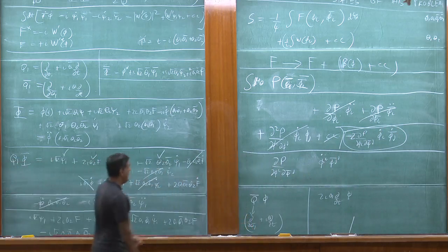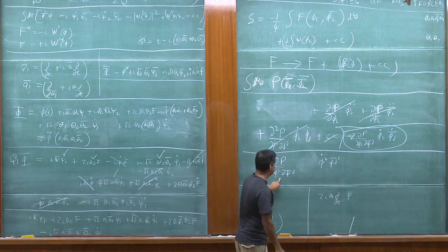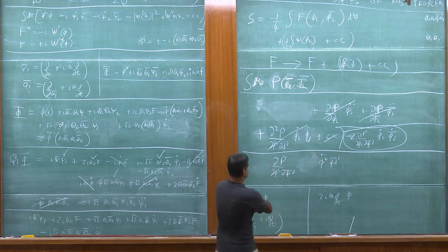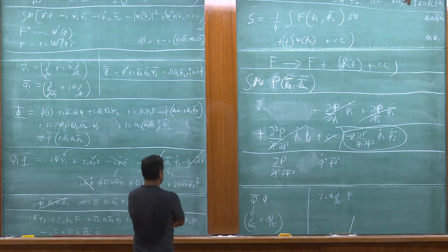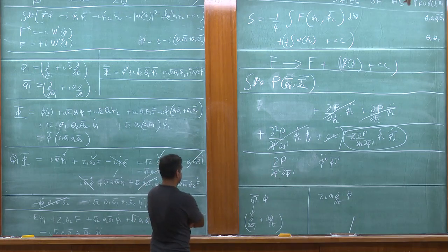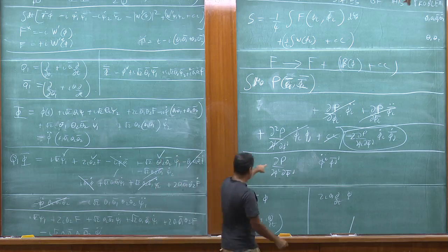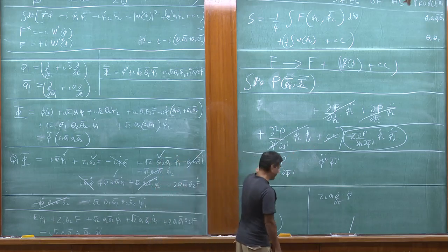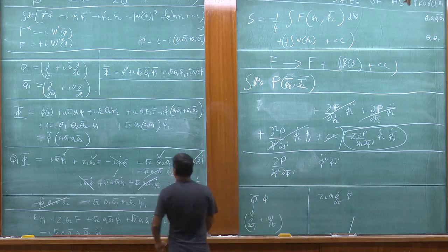And here we are getting this. This you claim as minus, or this one? This one. Lower one? Let me check that.